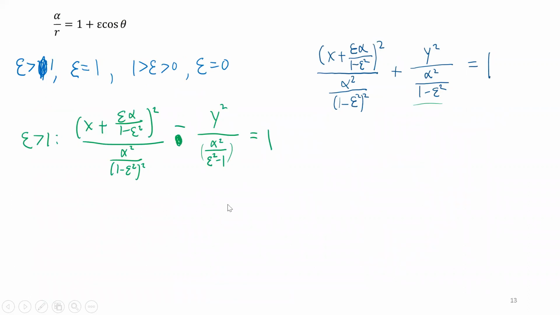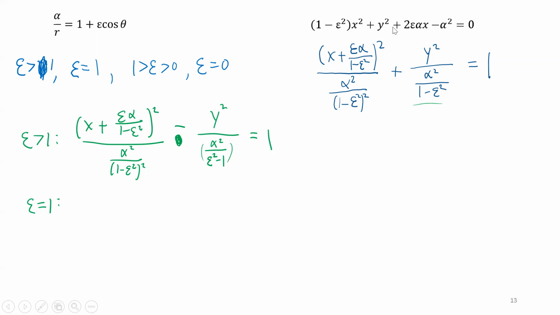Now if I have epsilon equals 1, what happens? You need to be careful here because you don't want to just use this final result, because of this 1 minus 1. Instead, I'll go back a few steps earlier to this equation over here, from which this one is derived. If I have epsilon equals 1, then I have this 1 minus epsilon squared equal to 0.